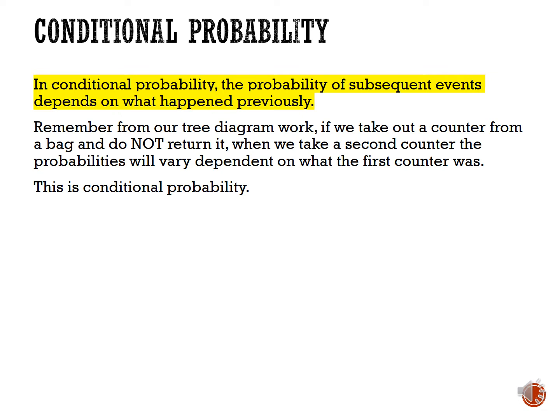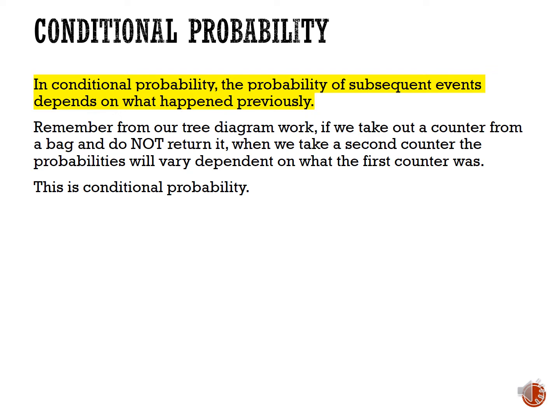And then our second event was to take a second counter. Now think about that. The probability of picking a particular colour for the second counter will depend on which counter we removed when we picked the first one, because there will be a different number of those coloured counters left. So that's what conditional probability is all about.